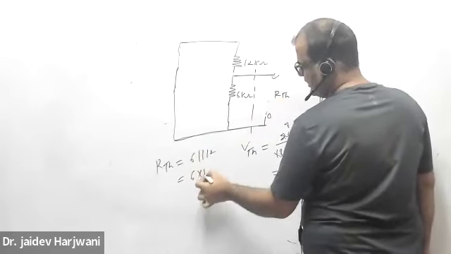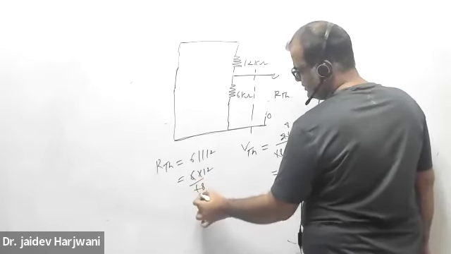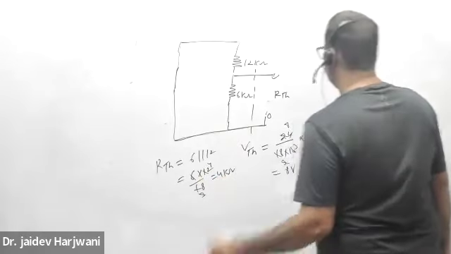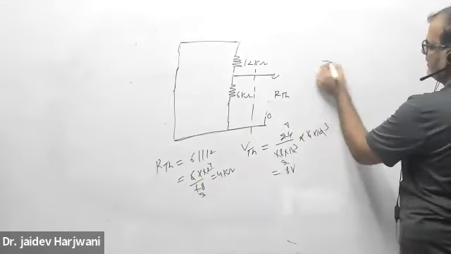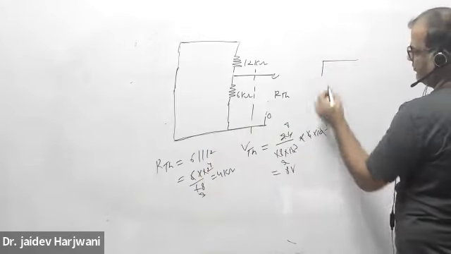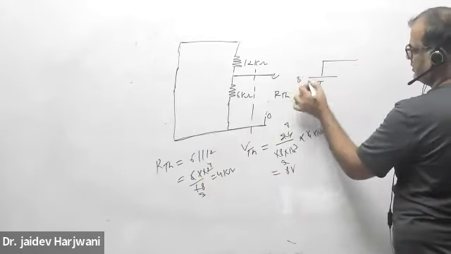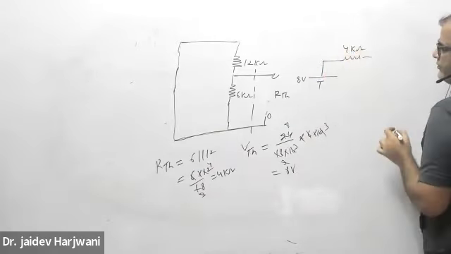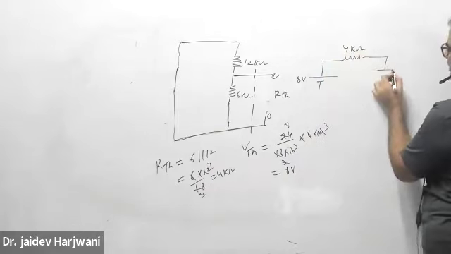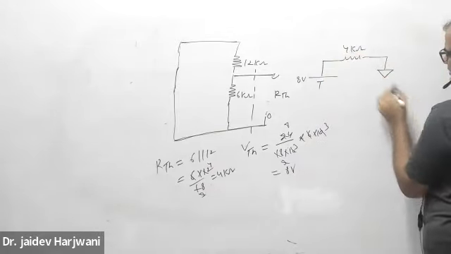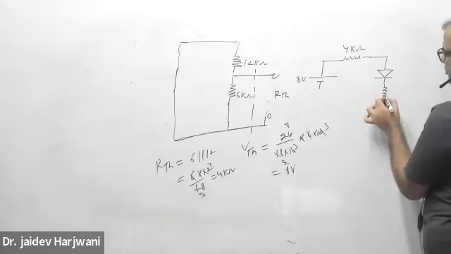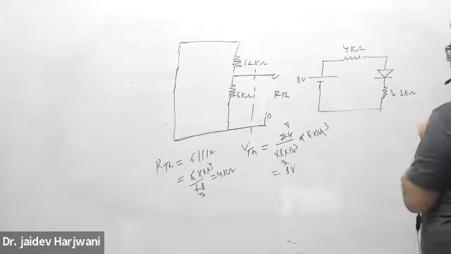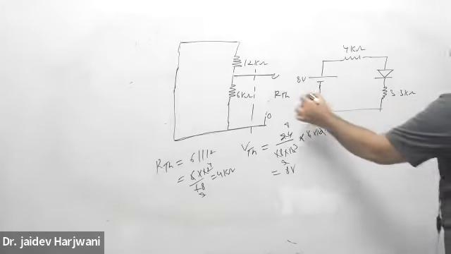That is 6 into 12 upon 18, that is 4 kilo ohm. Now my Thevenin equivalent circuit will become 8 volt, R Thevenin is 4 kilo ohm, and the diode I removed, I am putting back with a 3.3 kilo ohm resistance. So this is the equivalent circuit.